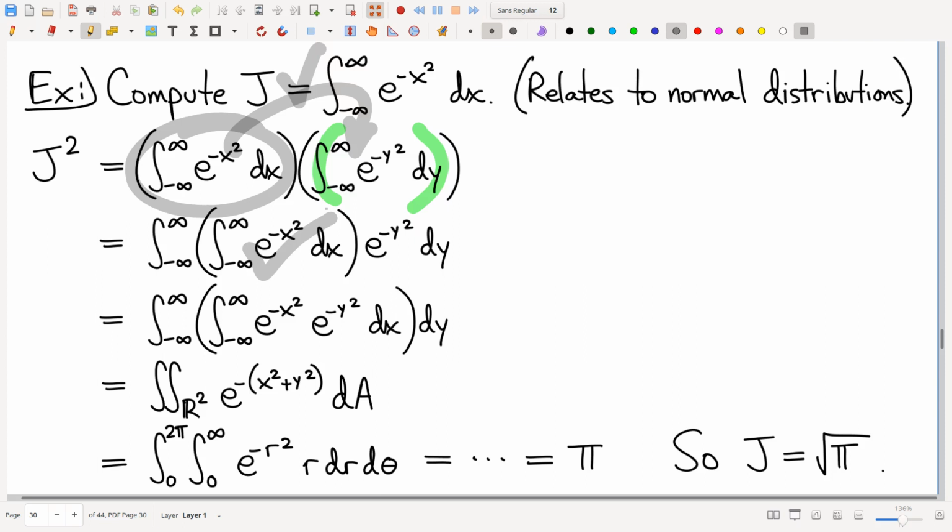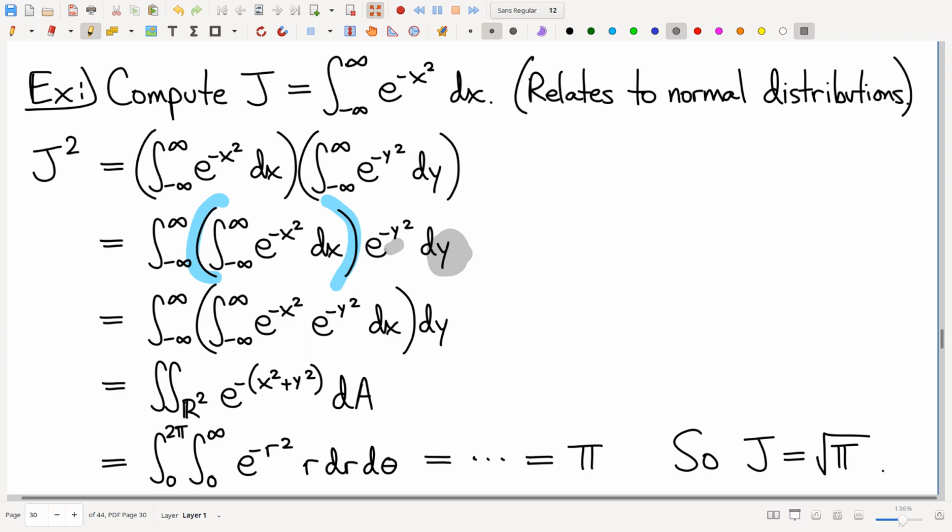Okay. Now let's look at this integral. Recall that when you have an integral outside of an integral, the variable furthest to the outside is a constant. That means that in this case y is a constant, and therefore e to the y squared is constant.